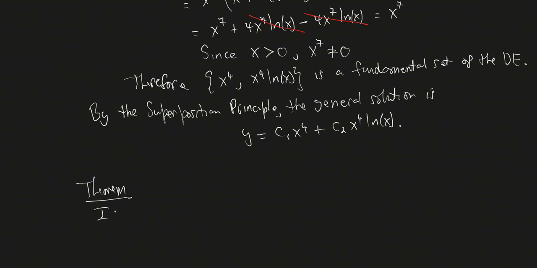So if the auxiliary equation of, again, let's write down the general second order Cauchy Euler that we're working with.